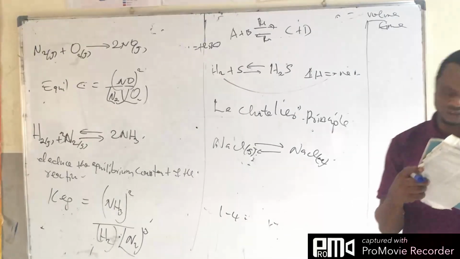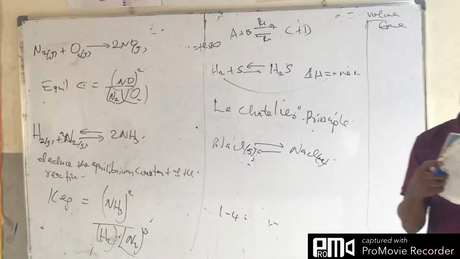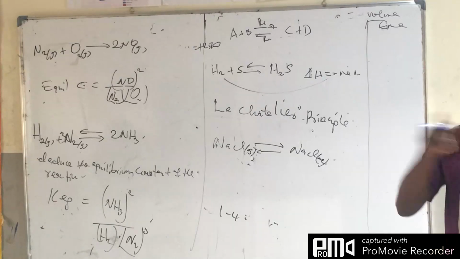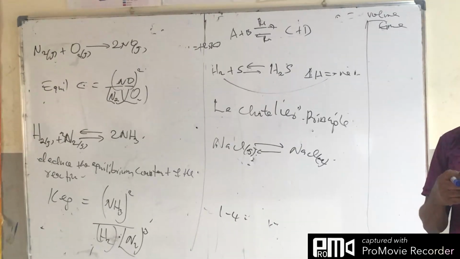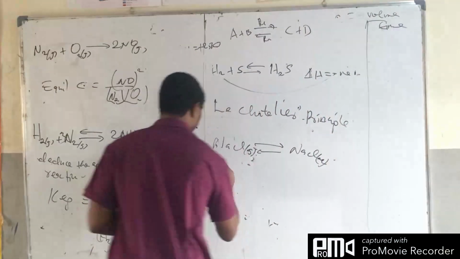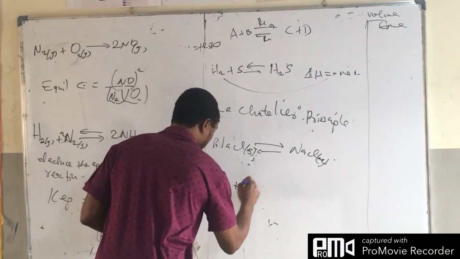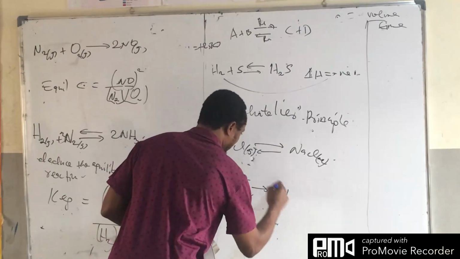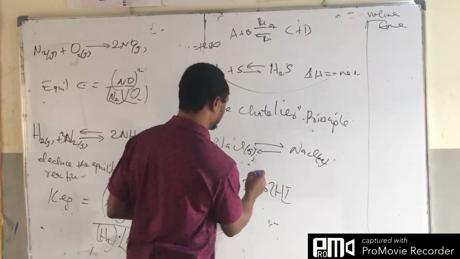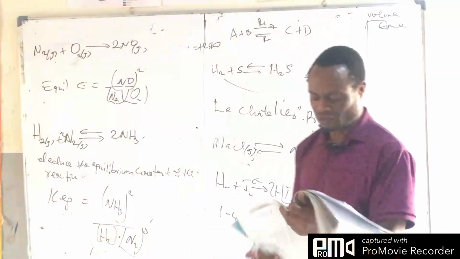2NaCl solid, arrow, 2Na plus Cl2. Cl2 is gas, Na is solid. Number 2, H2 plus I2, hydrogen plus iodine give us what? 2HI.